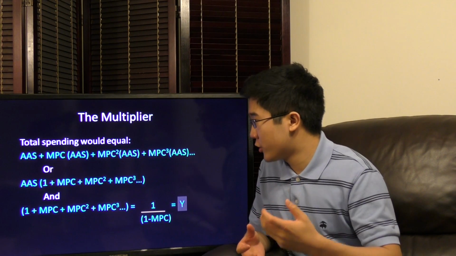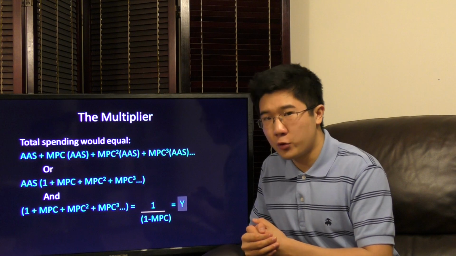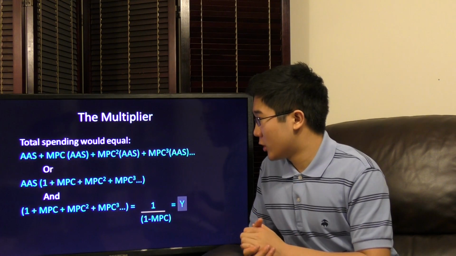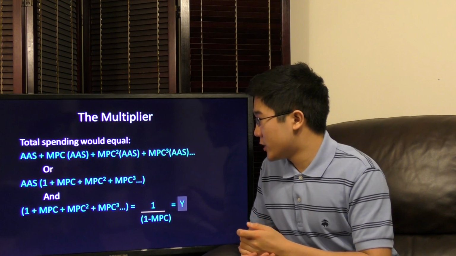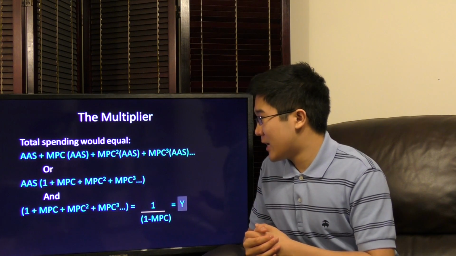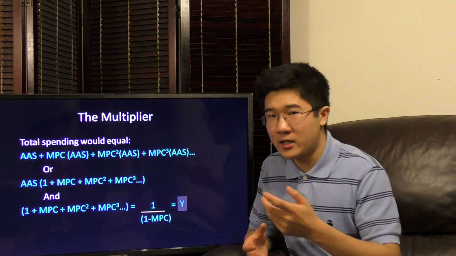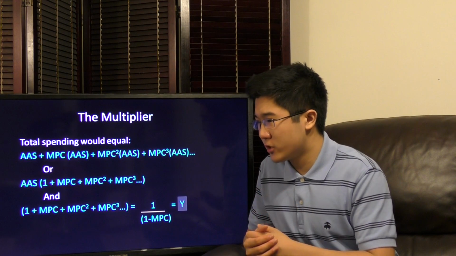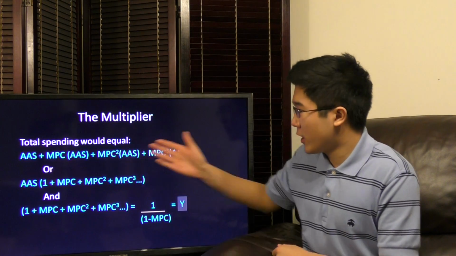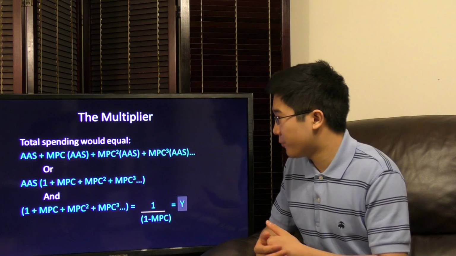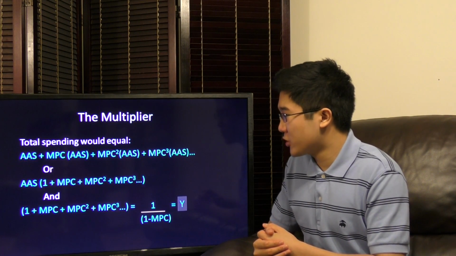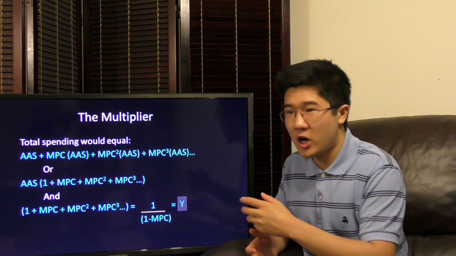They spent $800 on, let's say, food at the grocery store. The person at the grocery store receives the $800, saves part of it, and spends 0.8 of it, 80% of the $800. They spend $640, and so on in this chain of spending and saving. So our $1,000 had a chain reaction on the economy.